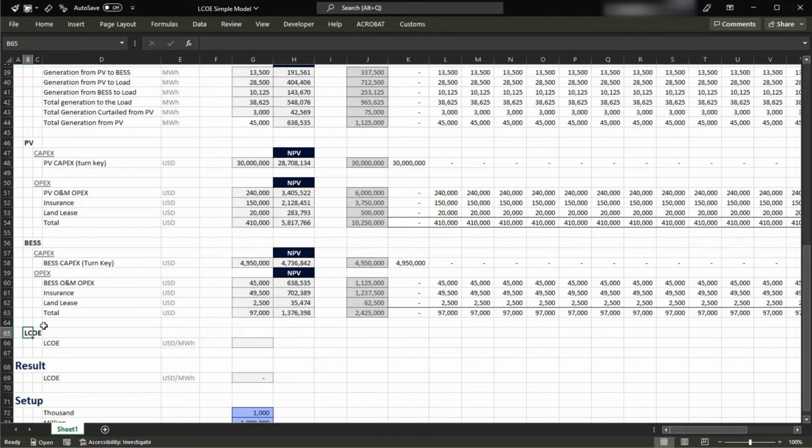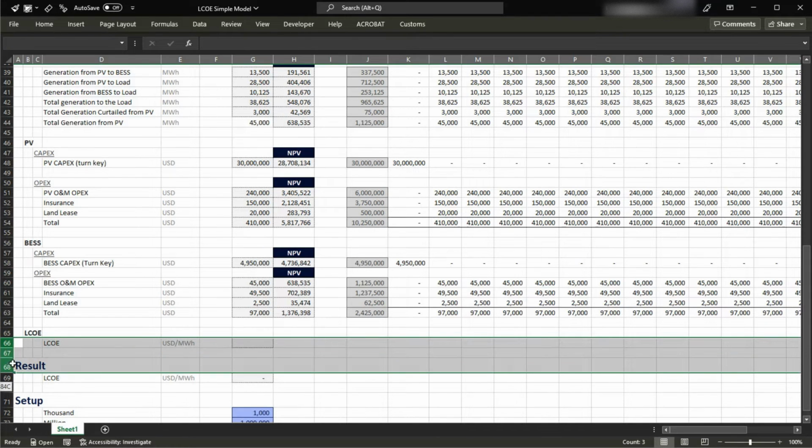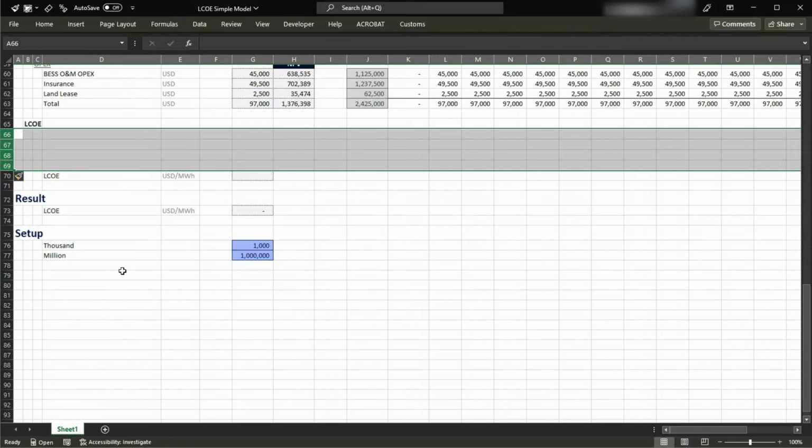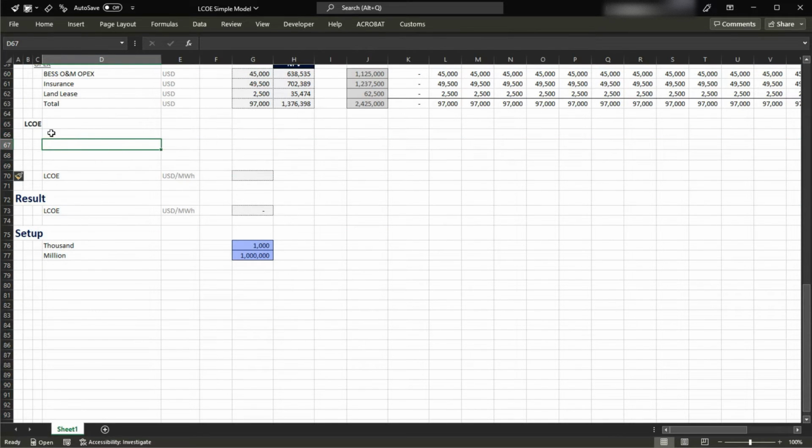I'm going to change this subsection to column B, and I'm going to add a few rows. Let me move this up. Here we're going to have three types of LCoEs. The first one is the LCoE, what I call PV only. Then I'm going to have the LCoS, which is the BESS only system.